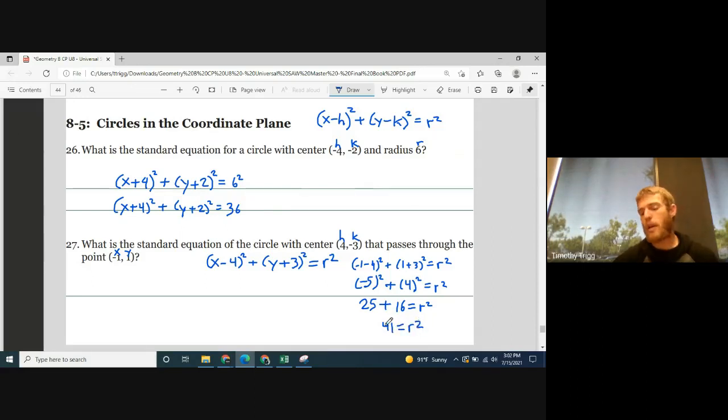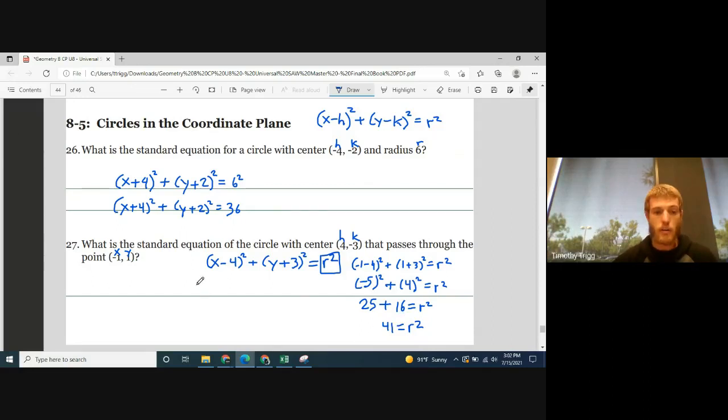Okay. If you want to find the radius, you could square root both sides. But in this case, it's not necessary because notice our equation leaves it as r squared. So we could just replace r squared with 41.